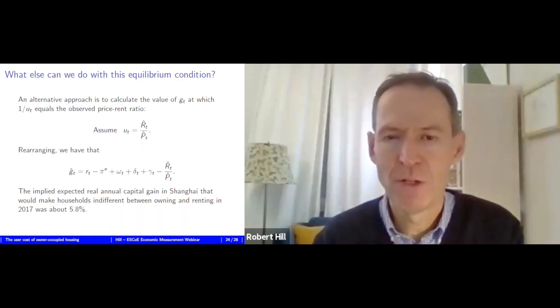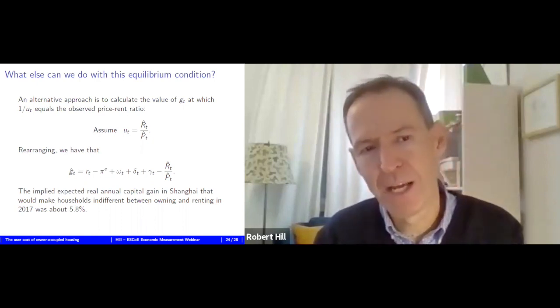So we tried this approach for Shanghai, and we end up with an answer that the real capital gain would need to be 5.8% per year. If the real expected capital gain was 5.8%, then the user cost would equal the cost of renting.